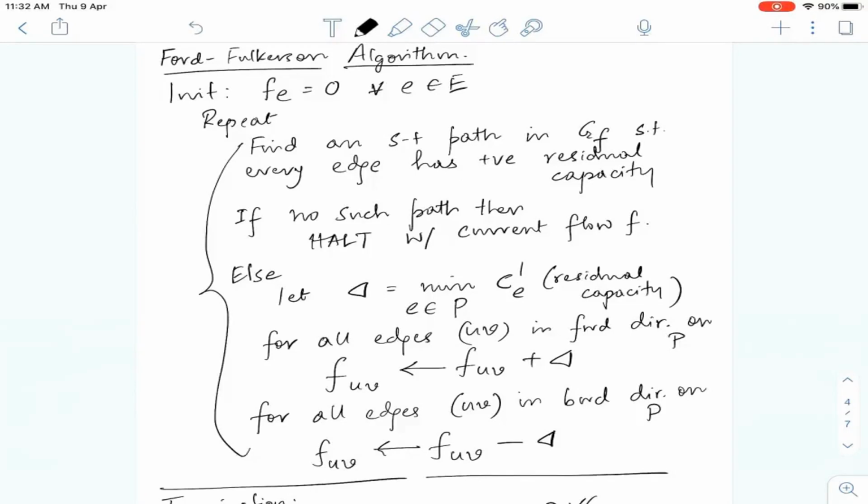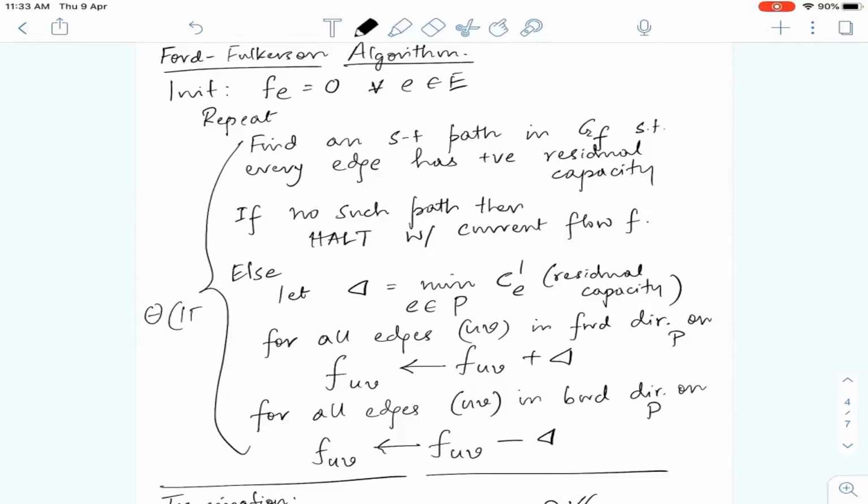What are you doing here? You are doing a BFS, which will take, let's say, order n plus m time. I'm assuming that every vertex is reachable from S. If I assume that, I can simplify this as order the number of edges. So this part takes something like theta of mod E.